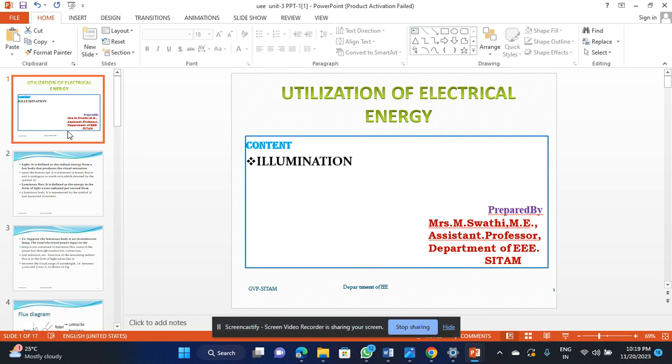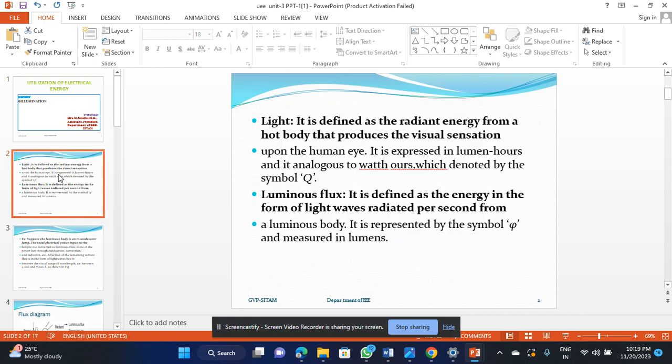Light is simply a very small part of the electromagnetic spectrum. That is the visible portion of the electromagnetic spectrum, and it extends from about 380 to 780 nanometers.